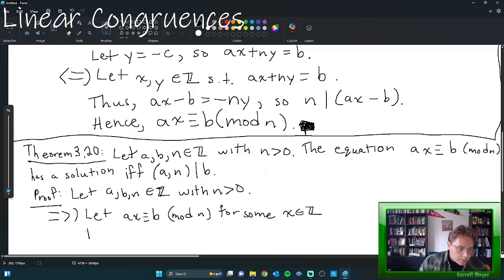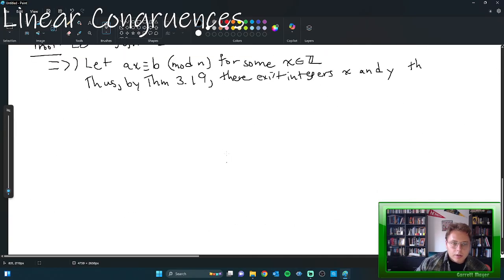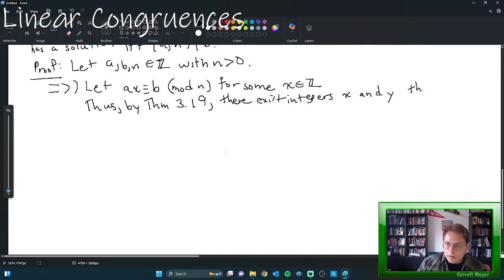Thus, by theorem 3.19, there exist integers x and y that satisfy ax plus ny equals b.